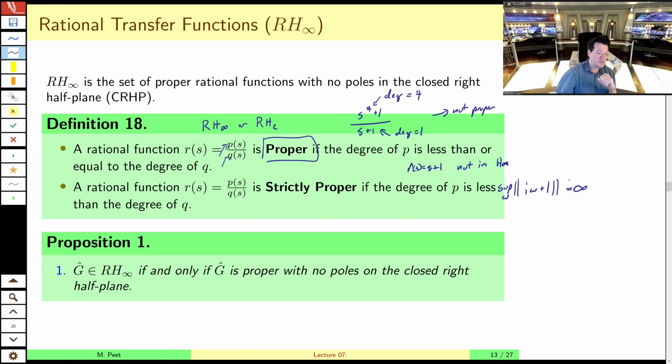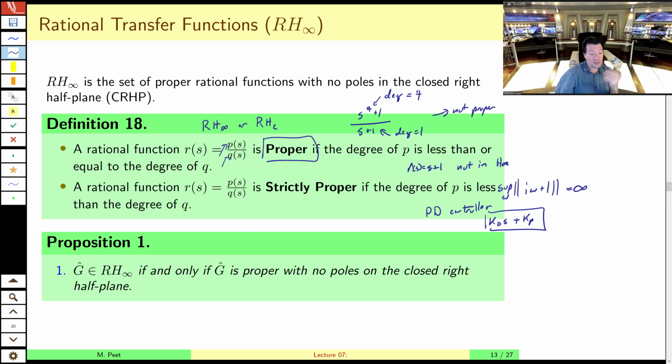What happens if the system is not proper? Well, it's not in H infinity, and therefore it must violate either causality, time invariance, or linearity. In particular, the property it violates is causality. So if you have a transfer function which is a PD controller, for example, that looks like KD s plus KP. That's a transfer function for it.